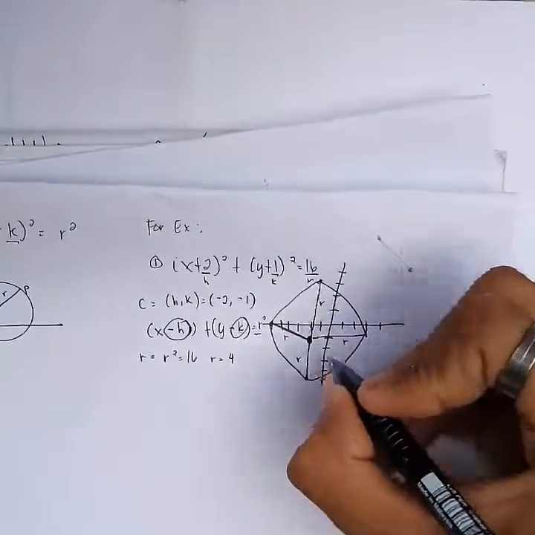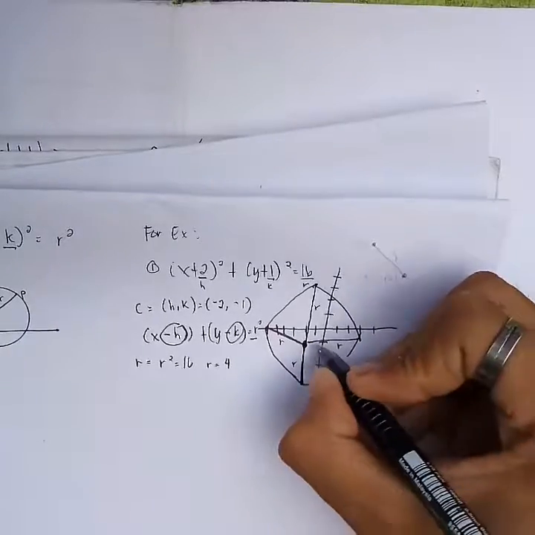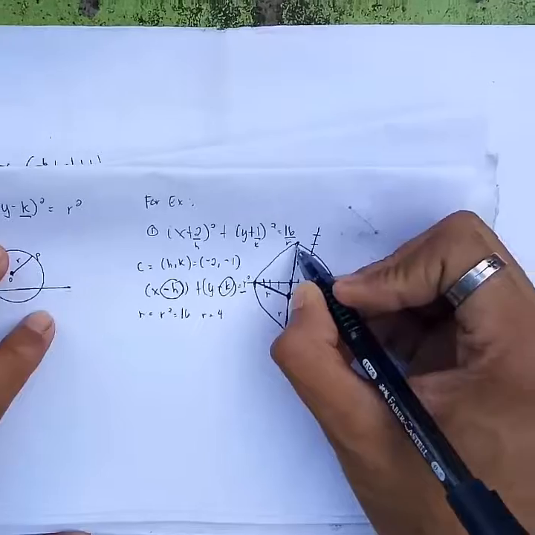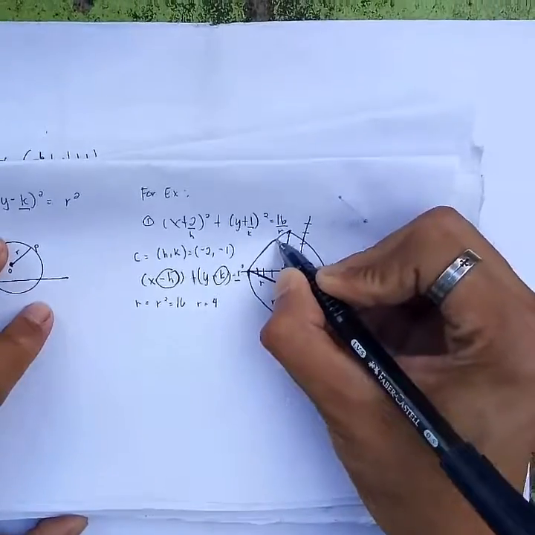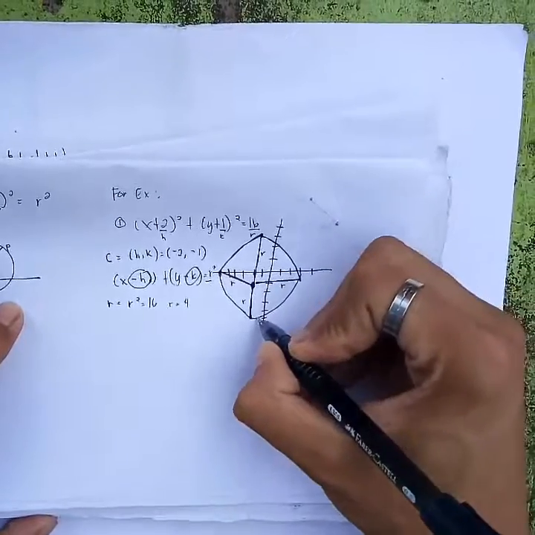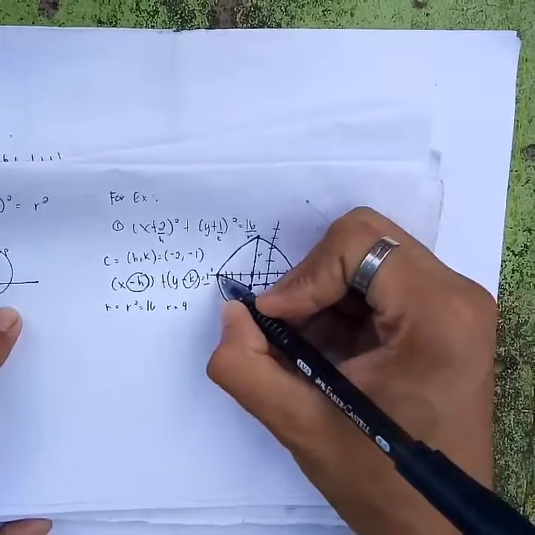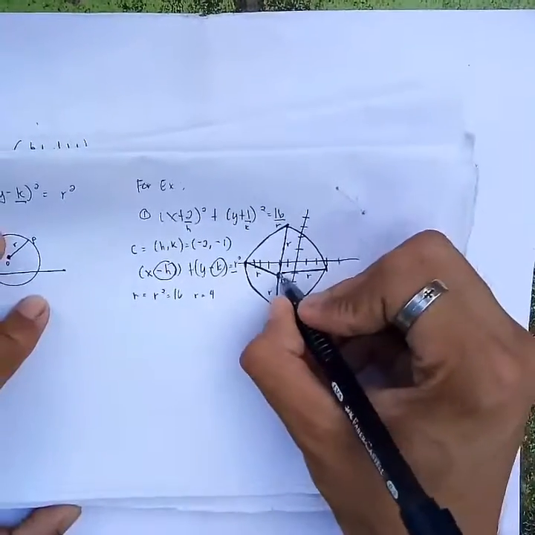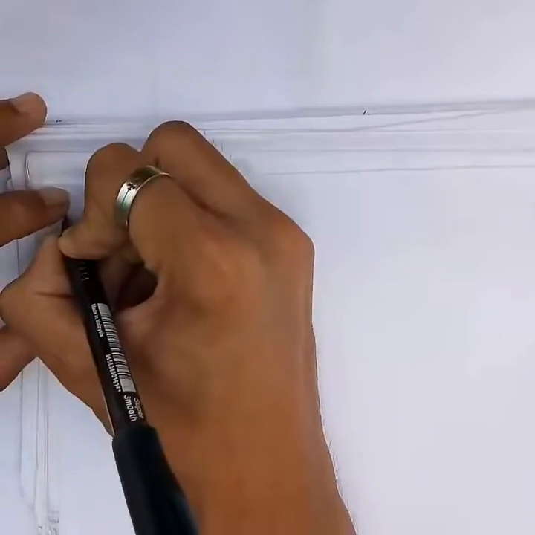This will be our center, this will be our radius, and the combination of all radii will form a circle. This is not a perfect circle because it's just an illustration.